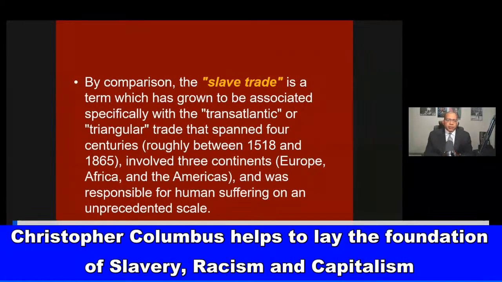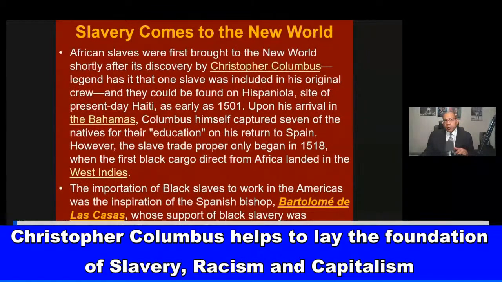This involved 3 countries, 3 continents, Europe, Africa, and the Americas, and was responsible for human suffering on an unprecedented scale. Now, Brazil doesn't abolish slavery until 1888. 1865 is when it is abolished in the United States, but Cuba abolishes it in 1886, and it's 1888 in Brazil.